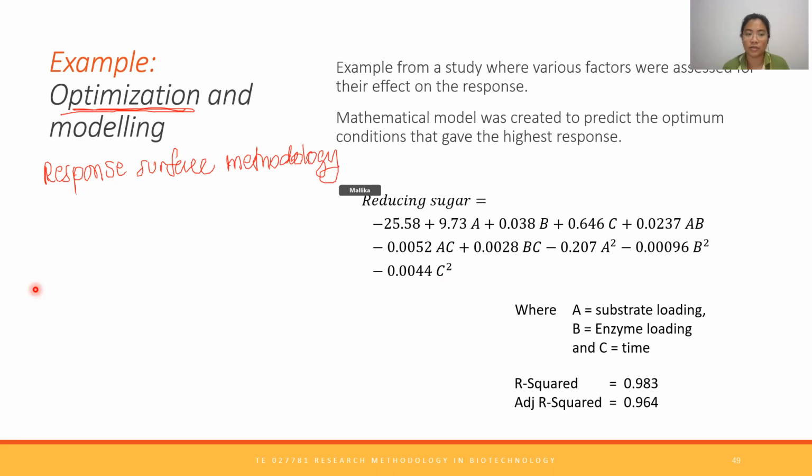So it's just the way that you find the maximum values. This example is from a study where various factors were assessed for their effect on the response, and to predict the optimum condition that gave the highest response through the use of mathematical modeling.